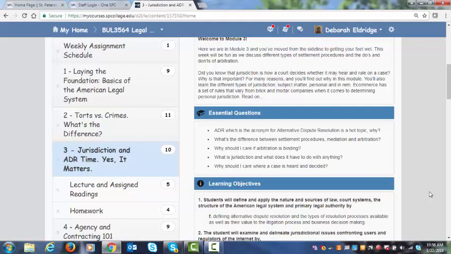Because what binding arbitration does is it resolves a dispute outside of the court. But what it means is you have either a person or an arbitration board of three people deciding the fate of your situation. And they don't have to be attorneys.